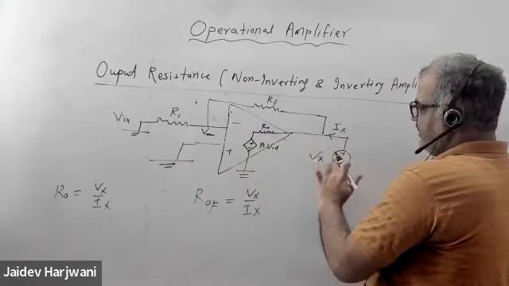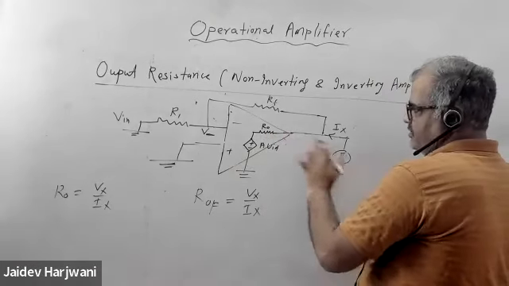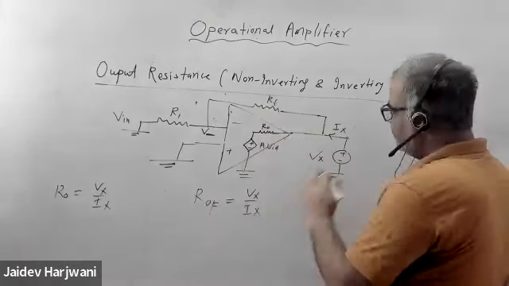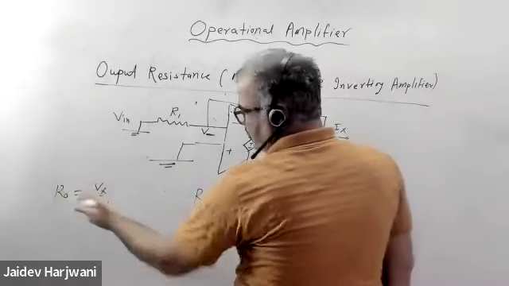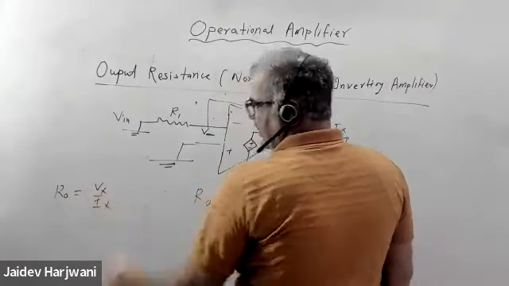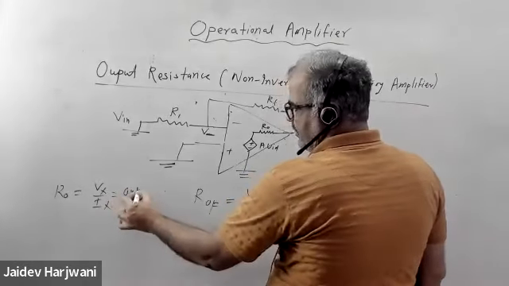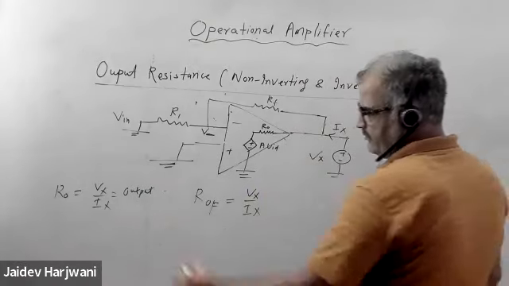Current is flowing through this source Vx to R0, so all the voltage will drop here and current is flowing Ix. So your output resistance will be simply R naught, output resistance in open loop.